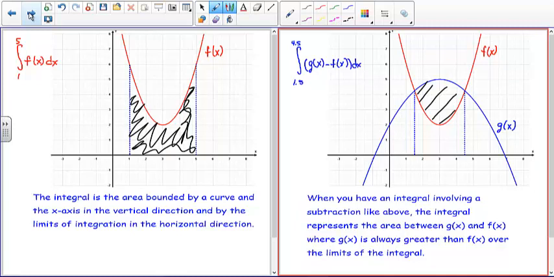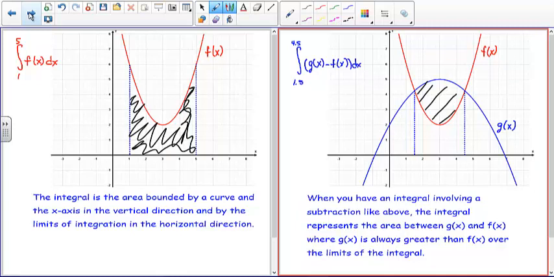But as we said, the integral is the area between the curve and the x-axis and the two vertical lines. Over here I've got two curves, and the area between the curves is defined by the points where they intersect.